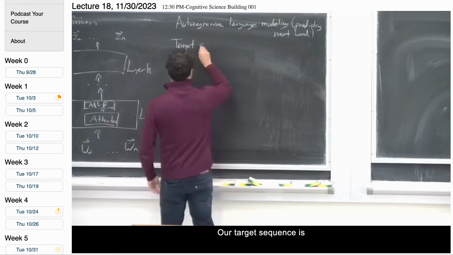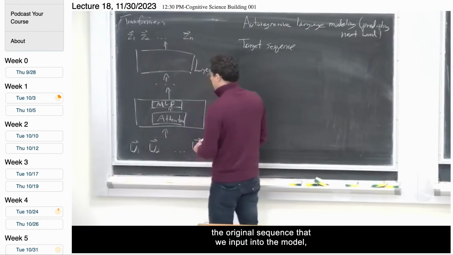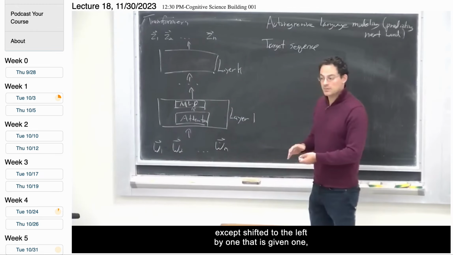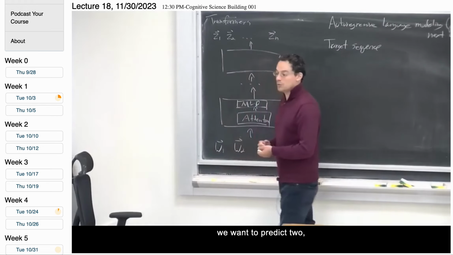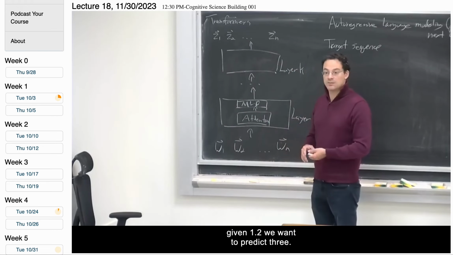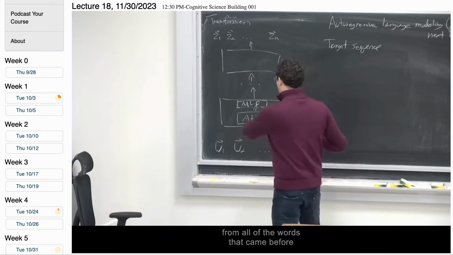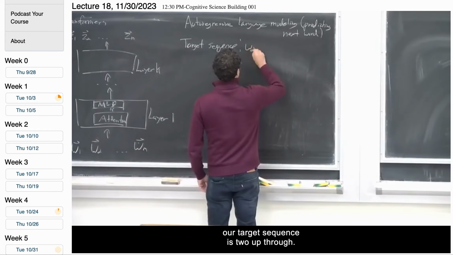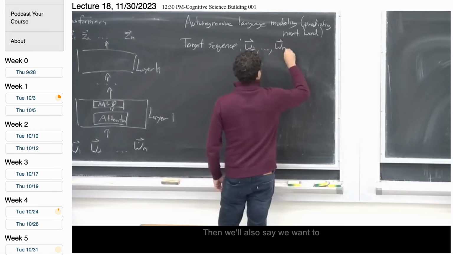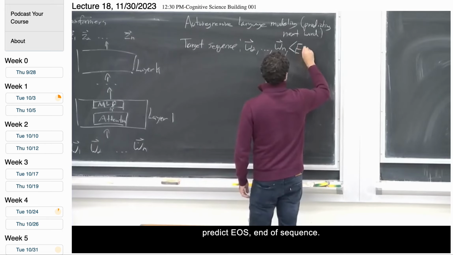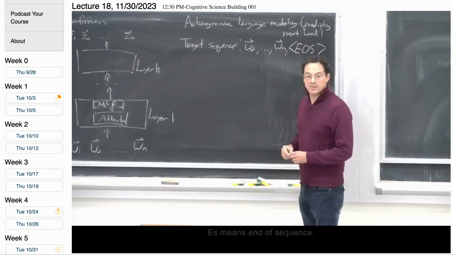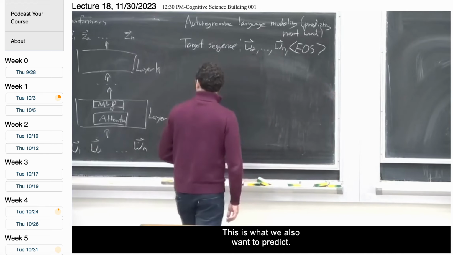Our target sequence is what? It's the original sequence that we input into the model, except shifted to the left by 1. That is, given W1, we want to predict W2. Given W1 and W2, we want to predict W3. So we want to predict every word from all the words that came before. So our target sequence is W2 up through Wn, and then we'll also say we want to predict EOS, end of sequence. This is what we also want to predict.